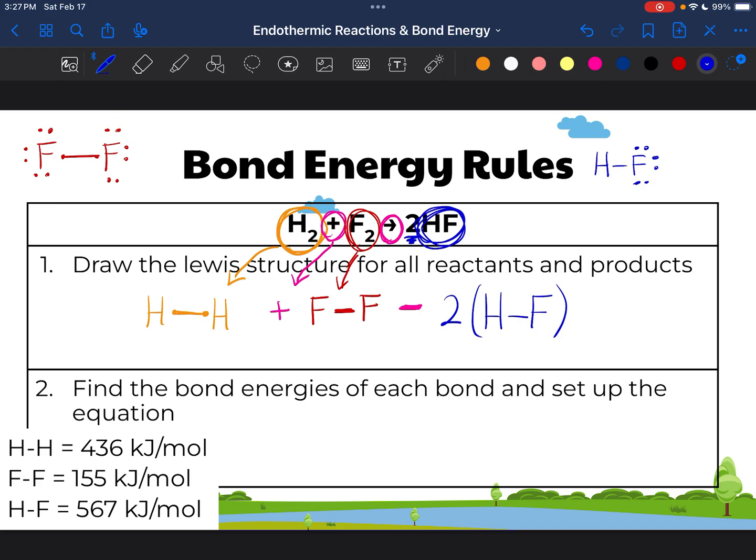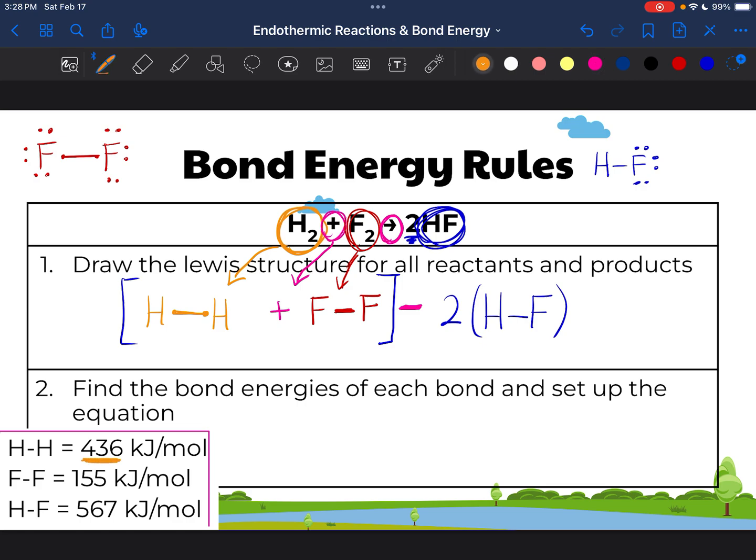And all I'm going to do now is plug in the values based on the table that you guys see right here. That's the table and that's the value that it will be given when you're taking the test or quiz. We don't expect you to memorize those values because there's a bunch and it's a lot. Okay, so let's try to plug it in.